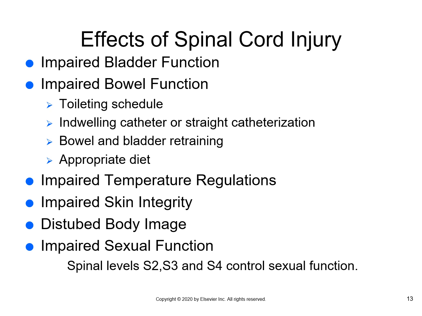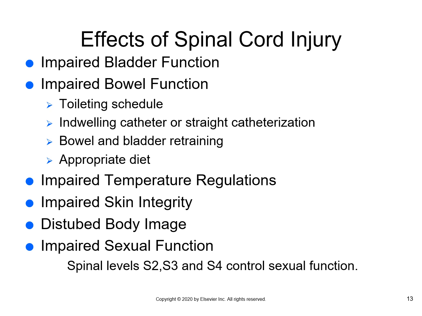Okay, some patients will have impaired bladder and bowel functions. So what we do is put them on a toileting schedule. We might need to put them on an indwelling catheter or straight catheterization. We talked about those patients on page 428 when we talked about table 24.3, those patients that can do a self straight catheterization.